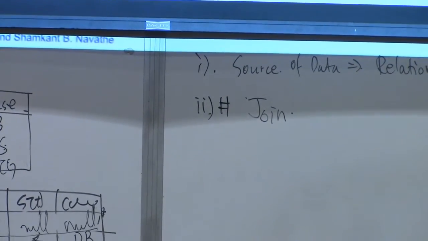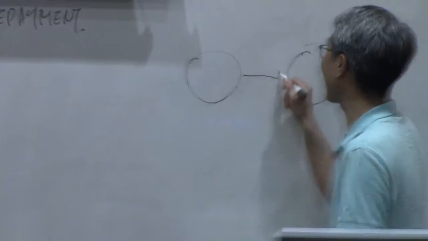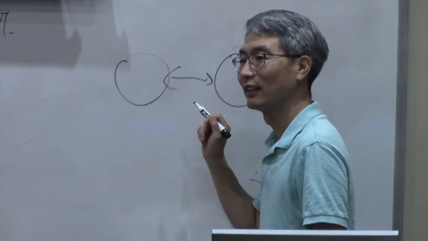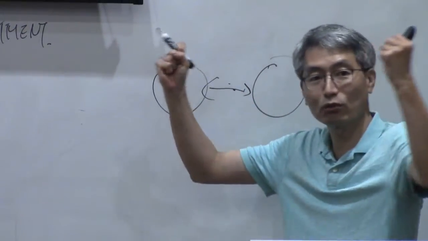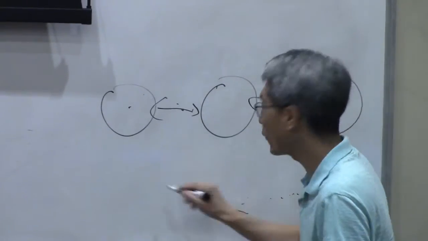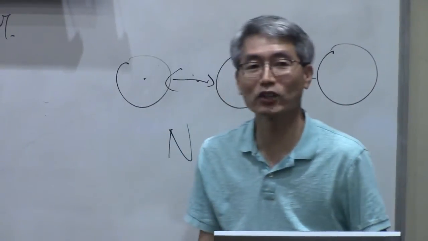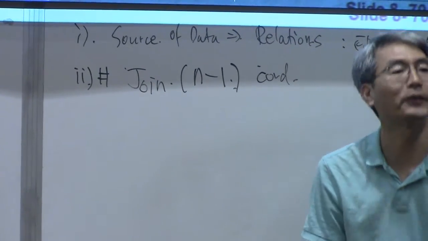How many joins? This is a simple rule. It's not my rule. It's a kind of common sense. When you combine two things, how many connectors do you need? 1 connector. If you have 3, how many connectors? 2. If you have n relations, how many joins? n minus 1. So you need n minus 1 join conditions. You need to identify the condition.